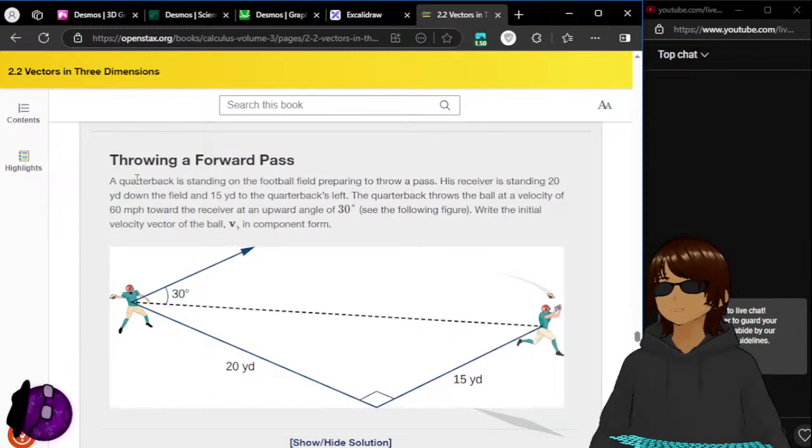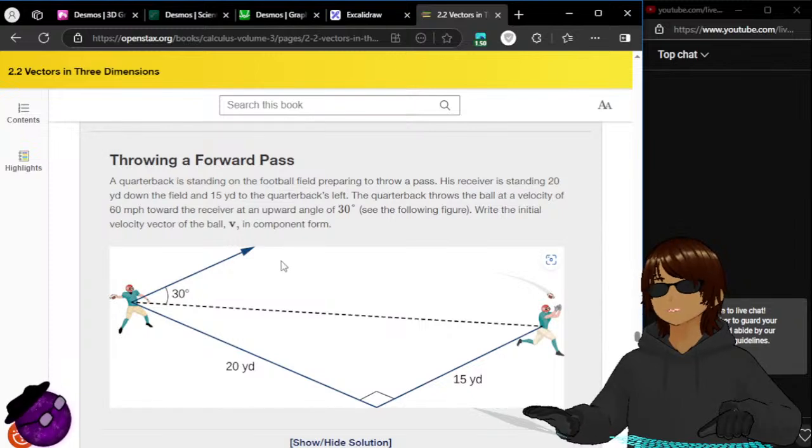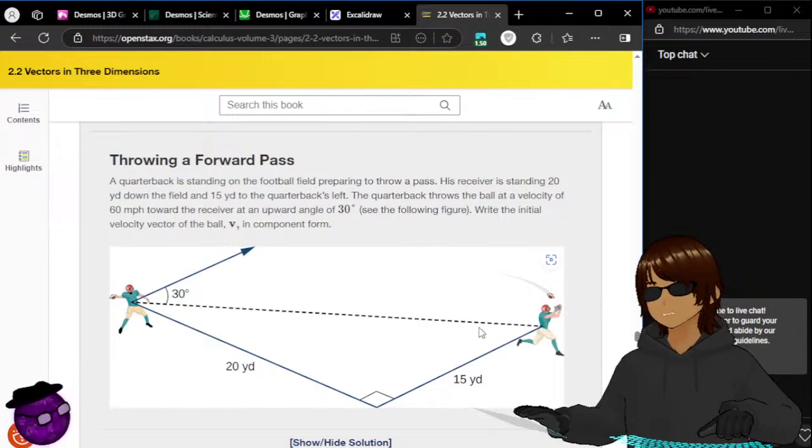Hold on. So the direction the ball is going. So it's 20 in one direction, 15 in another perpendicular direction, and then I guess sine 30.